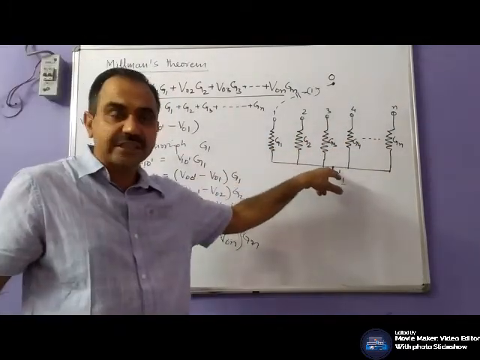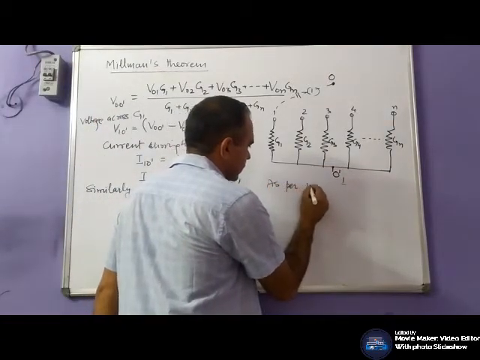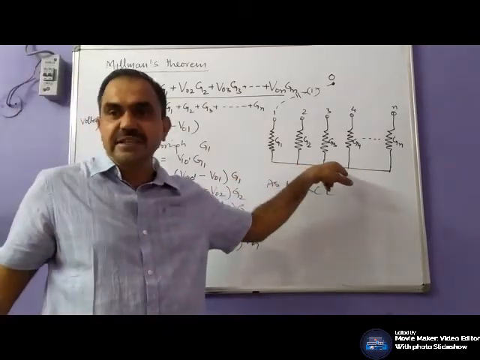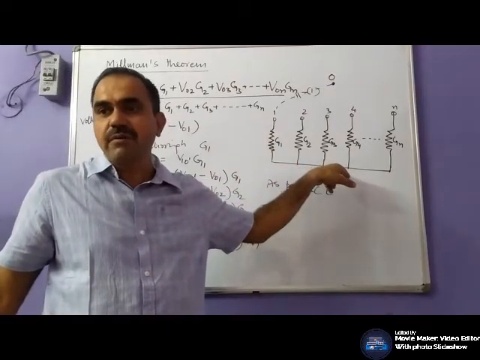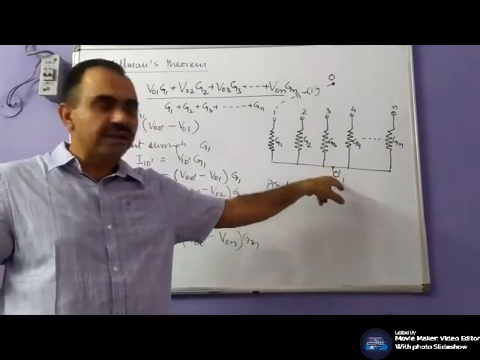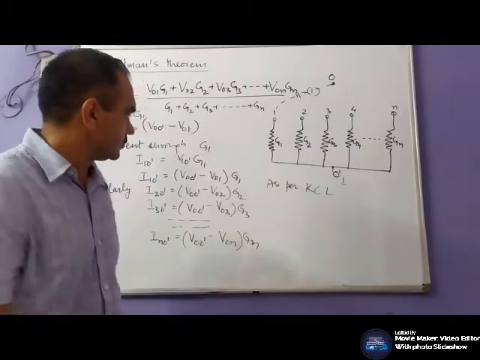And as per Kirchhoff's current law, what is the current at this junction? The algebraic sum of currents meeting at this point 0 dash would be 0. So what are the currents?